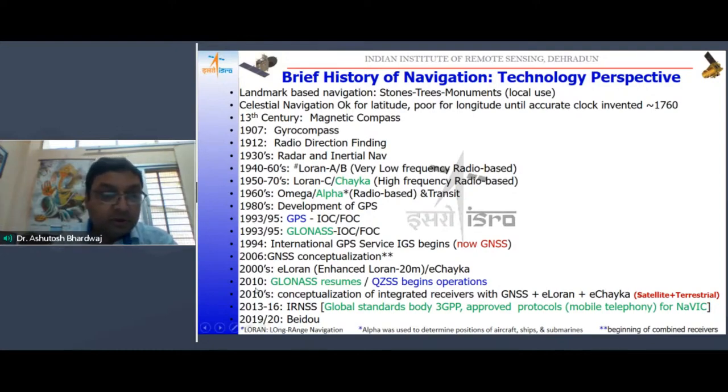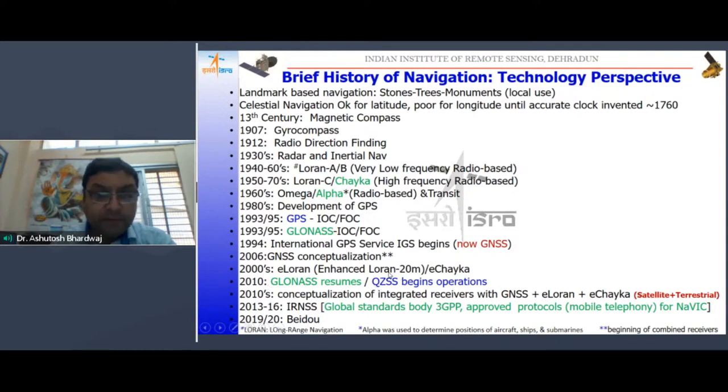After the disintegration of Russia, there was a downfall in the GLONASS and it was not functioning completely. But with the gradual strengthening of Russia, GLONASS resumed full-scale operations in 2010. Then again the GPS and GLONASS both were available.